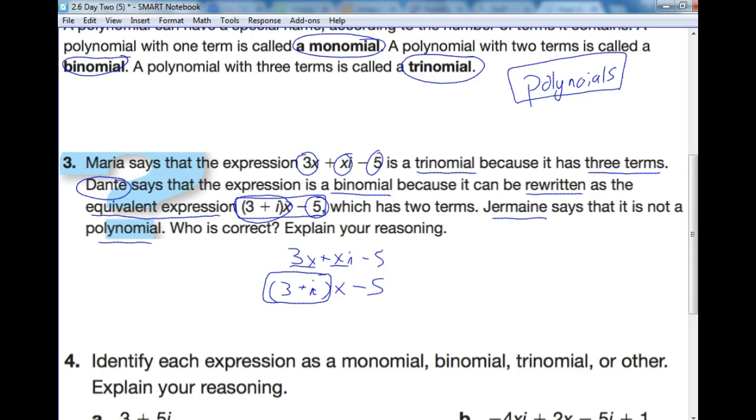If I take it out of the complex numbers, you're really looking at something like 2x minus 5. You'd call that a binomial all day long because there are two terms. This 3 plus i is probably the most disgusting coefficient you've ever seen in your life to this point, but it's just like looking at a 2 because it's a number, okay?